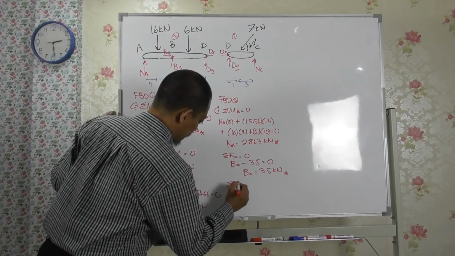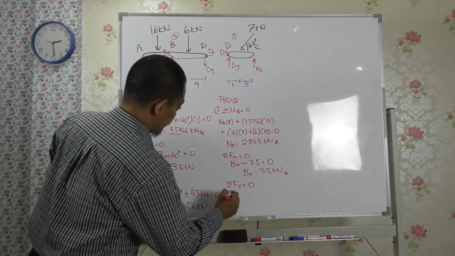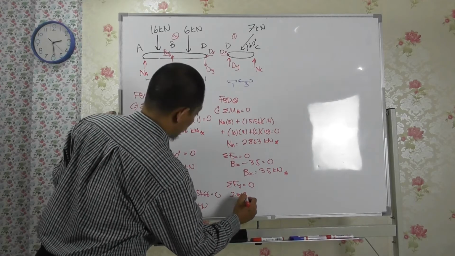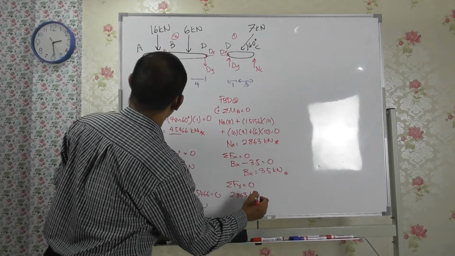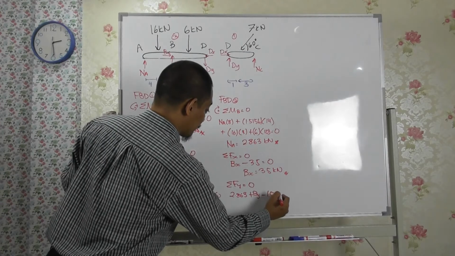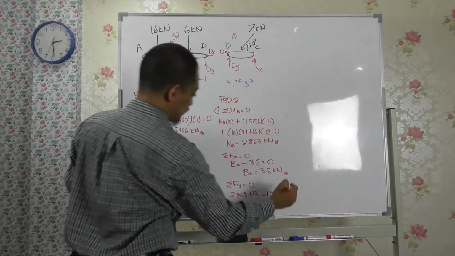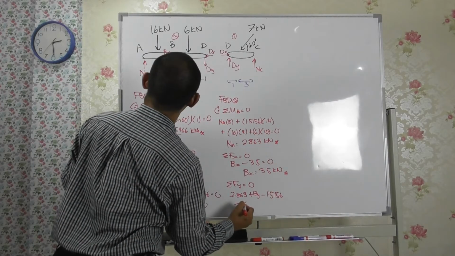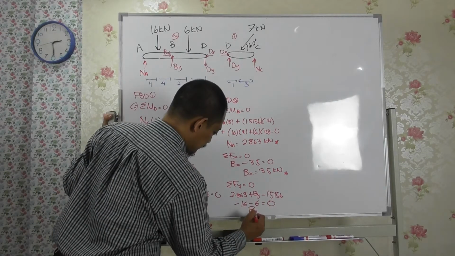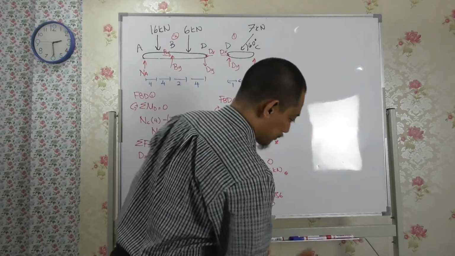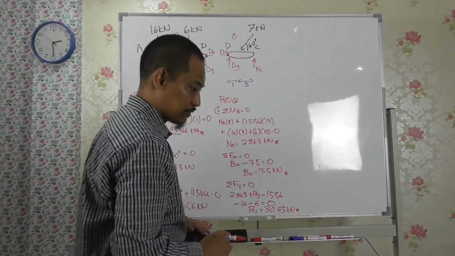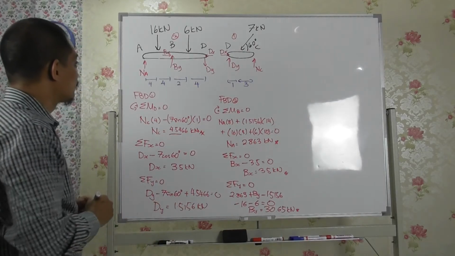Then summation of Fy equal to 0: you'll have NA, which is 2.863, plus By, minus Dy, which is 1.5156, minus 16, minus 6 equal to 0. So By we can calculate to be 30.65 kilonewton. Interesting.